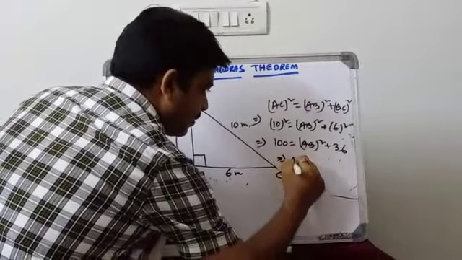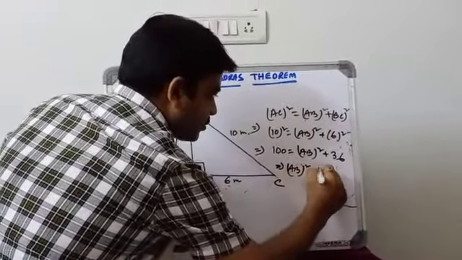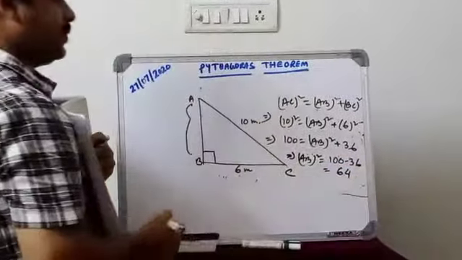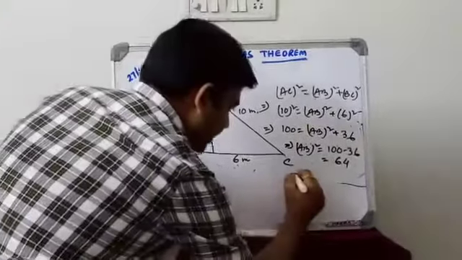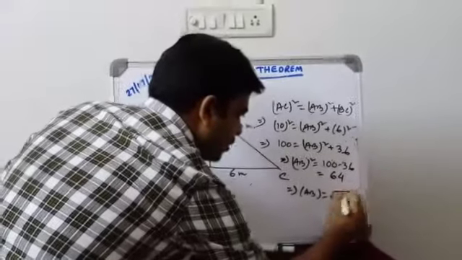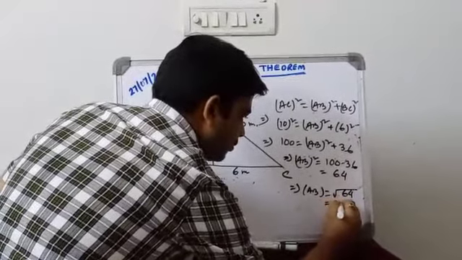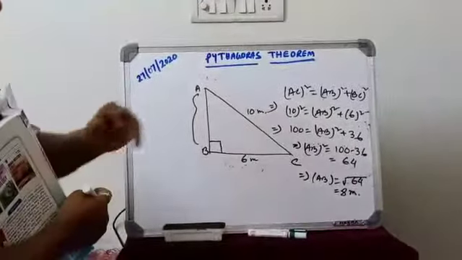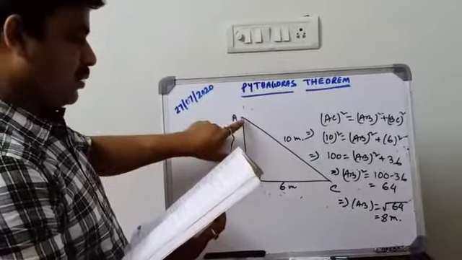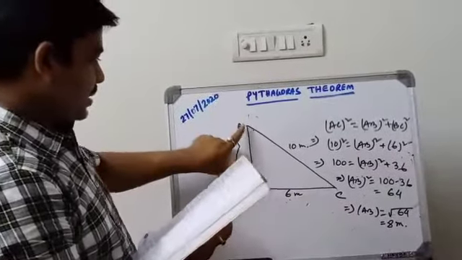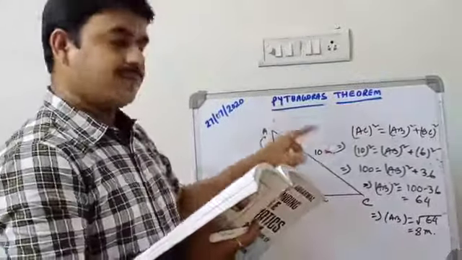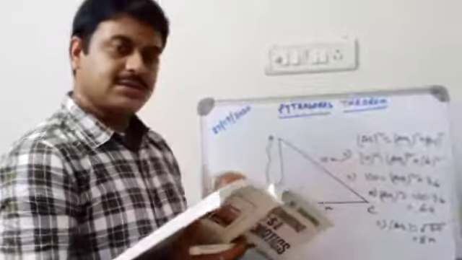That implies AB square equals 100 minus 36, which is 64. It implies AB equals root over 64, which equals 8 meters. That means the height of the point on the wall where the top of the ladder reaches is 8 meters. This way we solve the problem by applying Pythagoras theorem.